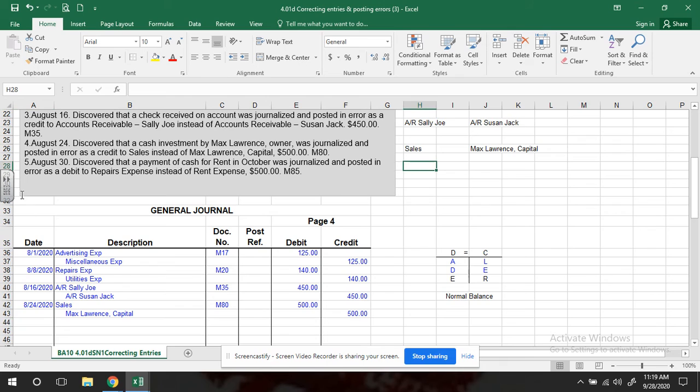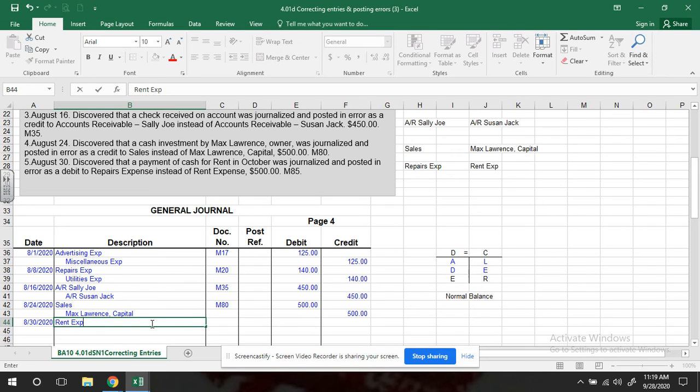The last one here says August 30th, they found another mistake. And a payment of cash for rent in October was journalized and posted as a debit to repairs expense. So they put it in repairs expense, and it should have been in rent expense. So we have to put this into rent expense.